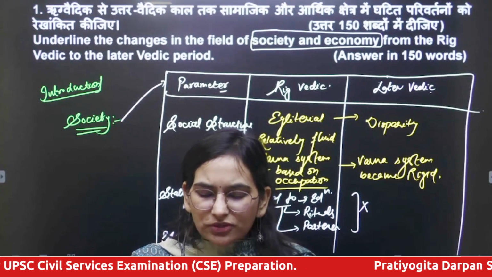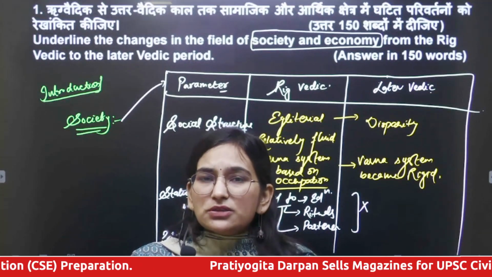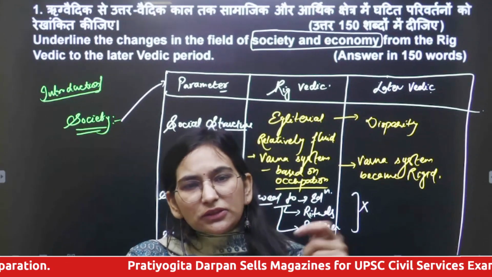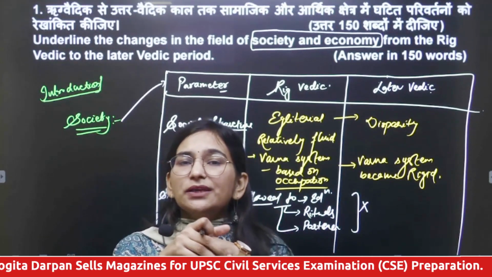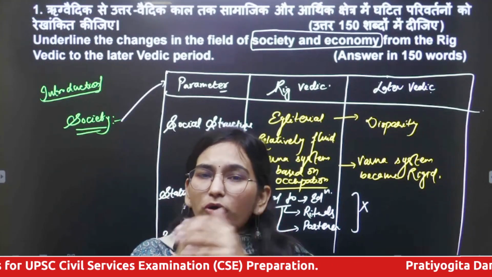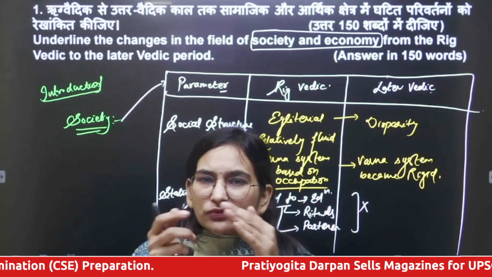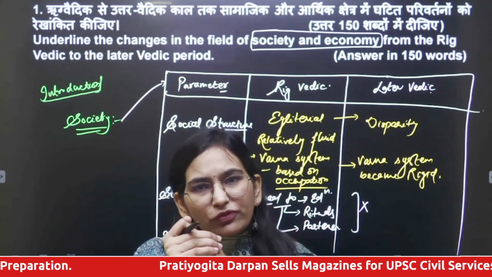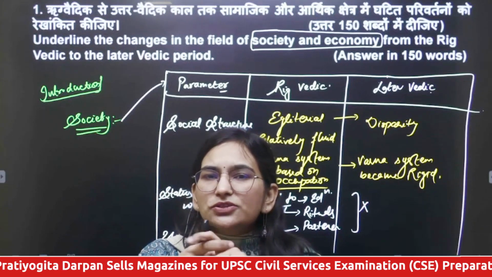The Raja was the decision making authority, but this decision making was assisted by the community itself. The tribal king's major function was to protect the tribe's people. So the Raja was the decision maker, but the decision would be assisted by the people.